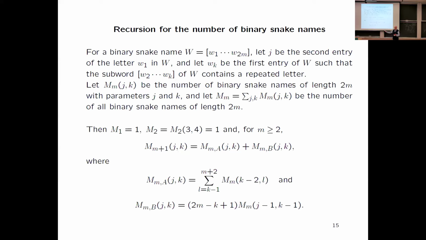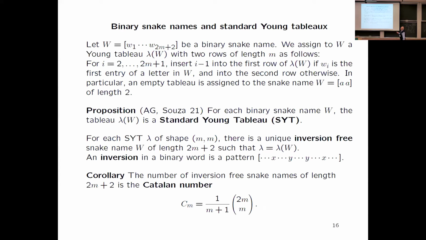So it's an open problem. Is there an explicit formula for those numbers? I don't know. But because I don't know, I'll try to find inside this set of binary snakes something that I can handle.